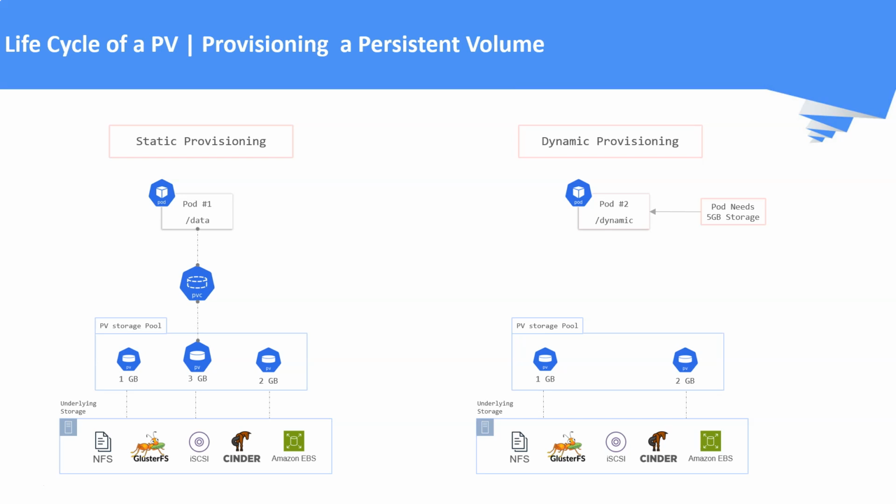So, the pod can request 5 GB of storage dynamically using the PVC request. Dynamic provisioning is possible only when we have pre-created an entity called storage classes. Storage class creation will be done by the cluster administrators. Along with this, the administrator needs to enable the default storage class on the API server.